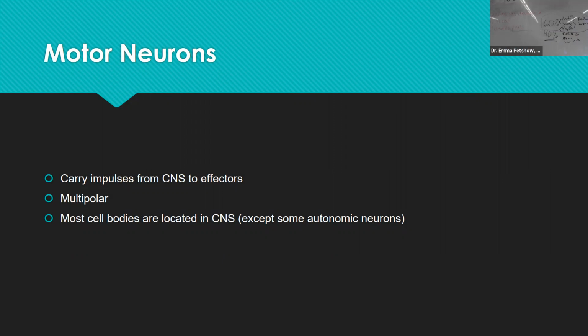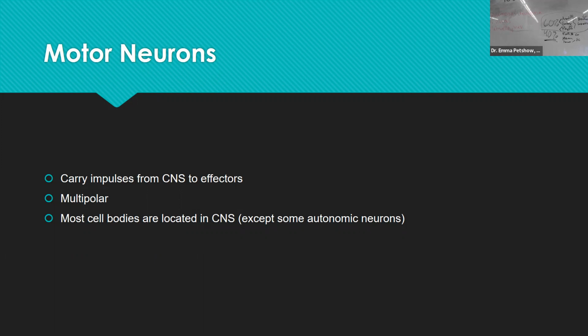They're going to carry the impulses from the CNS to effectors, and most cell bodies are located in the CNS, except for some autonomic. So if I were going to do something similar to the motor, I would say maybe all motor neurons are multipolar neurons. Essentially, all motor neurons are multipolar neurons, or something to that effect. All motor neurons are interneurons, and all motor neurons are unipolar neurons, something like that. Or you could say all motor neurons are multipolar and located in the peripheral nervous system.